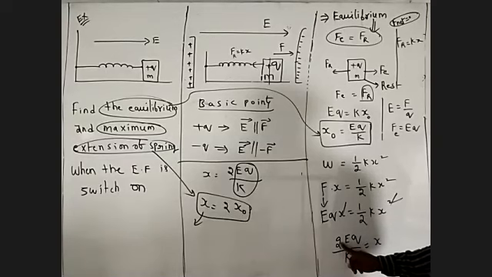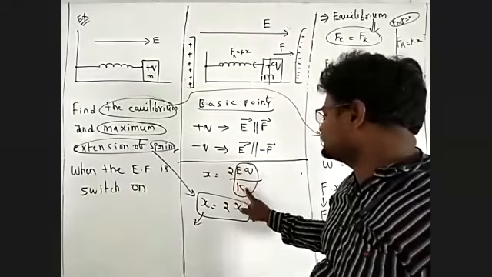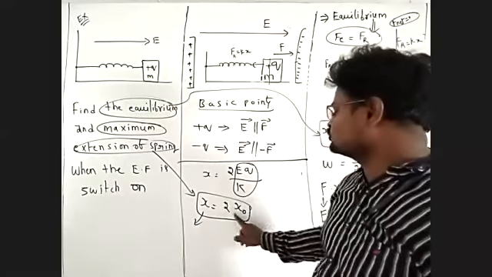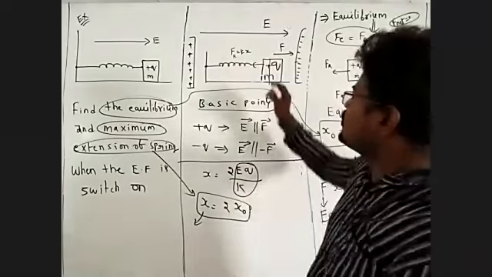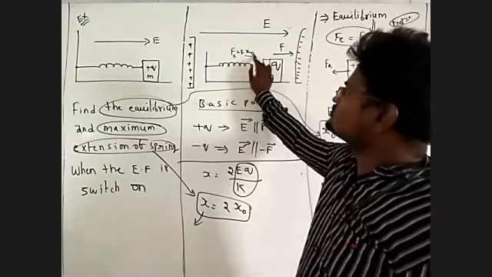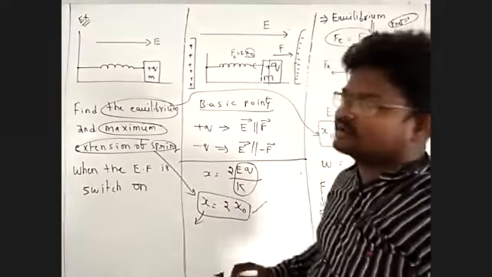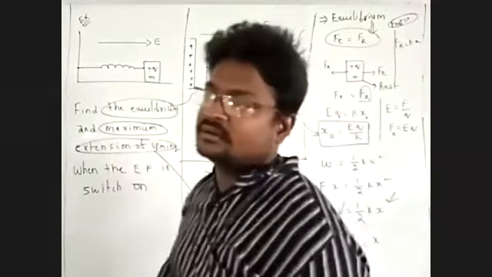X is equal to 2EQ by K. This is X. EQ by K is nothing but X naught, so X is equal to 2 X naught. Actually, I'm taking the initial length as X naught. But how much does it expand? It expands double by the electric field.